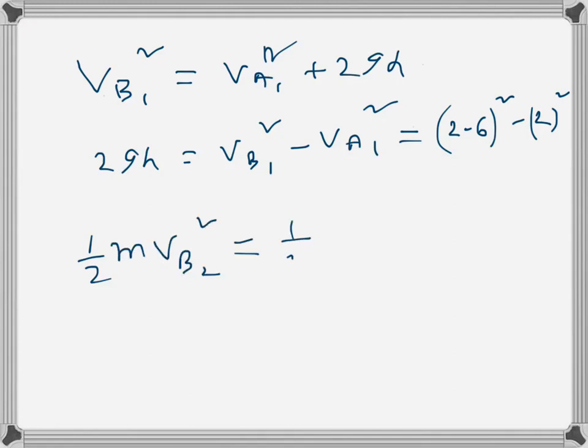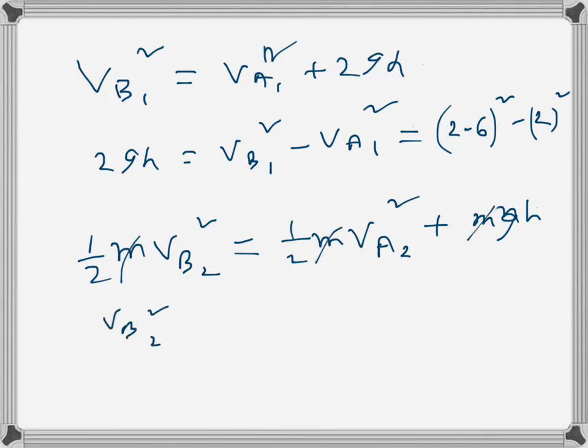That will be equal to half m VA2 squared plus mgh. Again the m's can be cancelled, and multiplying by 2, it becomes VB2 squared equals VA2 squared plus 2gh.